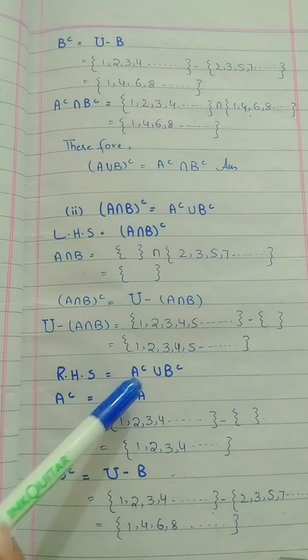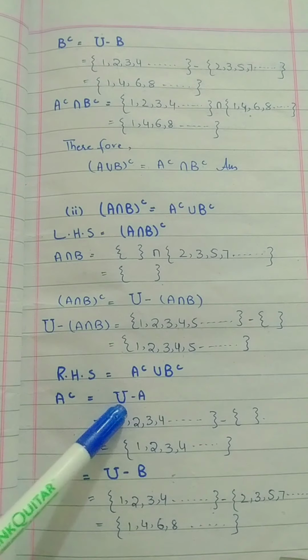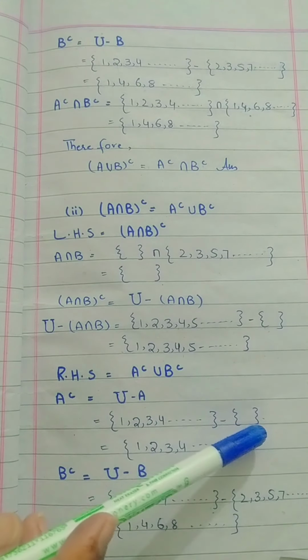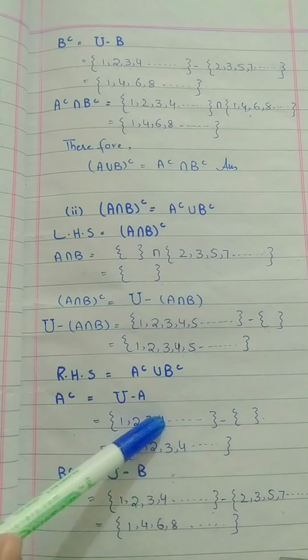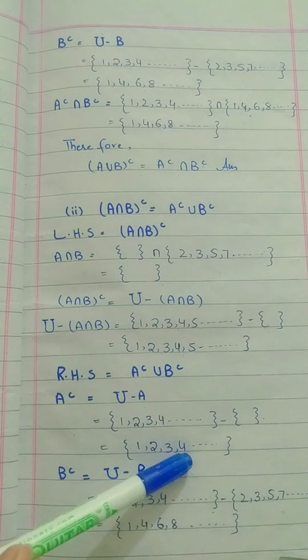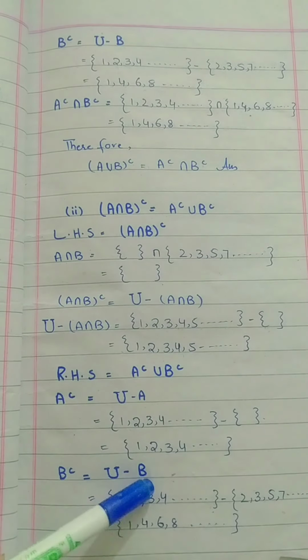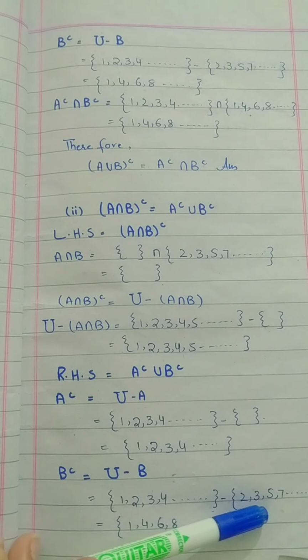Right hand side equals A complement union B complement. A complement equals U minus A. U is the set of natural numbers minus A, an empty set. And the complement of the set is 1, 2, 3, 4, the set of natural numbers. B complement equals U minus B. U is the set of natural numbers minus B, the set of prime numbers.